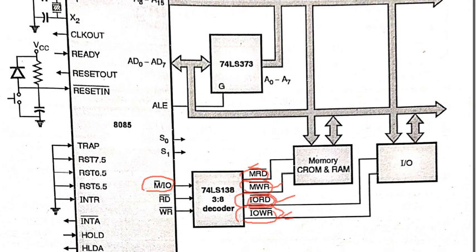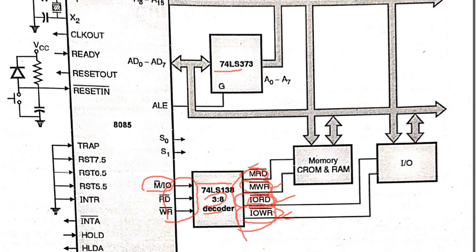So depending on this M bar IO, the operations from the memory and input output device will be decoded by this 3:8 decoder, because it has 3 inputs and 8 outputs. That IC is 74LS138, which is the 3:8 decoder.